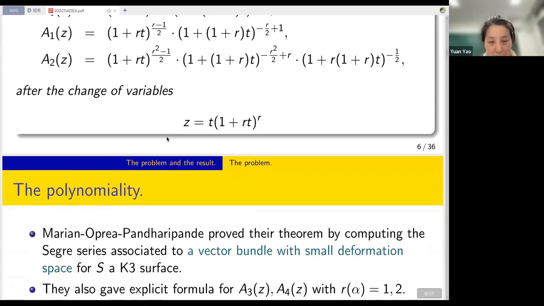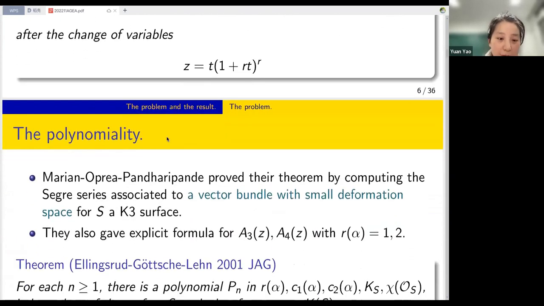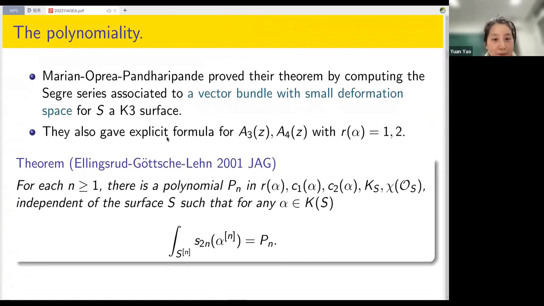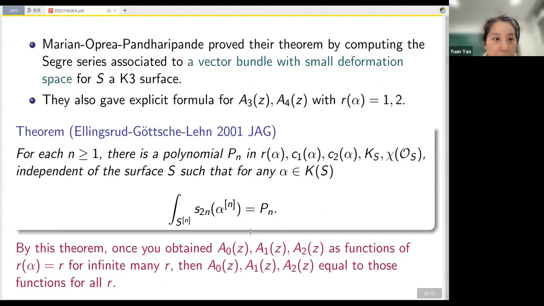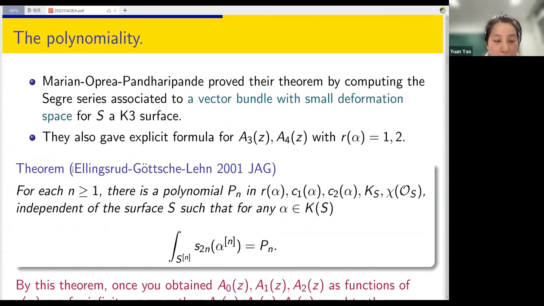Right, so why can we conclude this statement for all ranks? Because we have this polynomiality. So it is also a theorem, and maybe we look at this one. Also the theorem by Lin, Göttsche and Lane in the same paper. For each positive integer m, there is a polynomial in the rank, first Chern class, second Chern class, canonical line bundle and also chi of O_S.